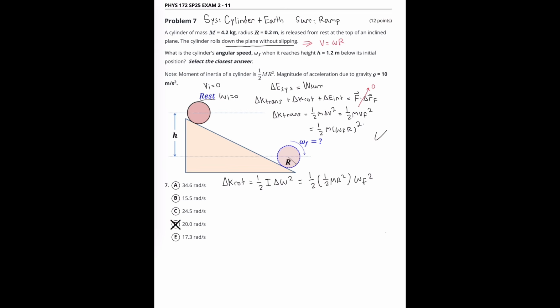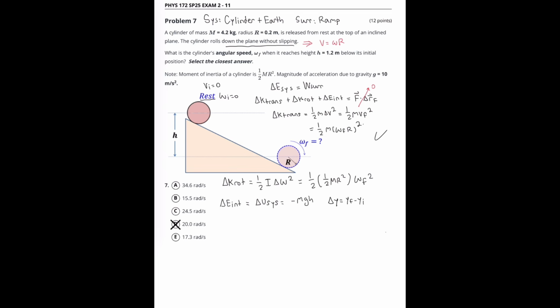And now we have our change in internal energy is equal to the change of potential energy of the system due to gravity, and that will be equal to minus mgh. And you might be wondering how we get minus mgh. So delta y in this case is equal to y final minus y initial.